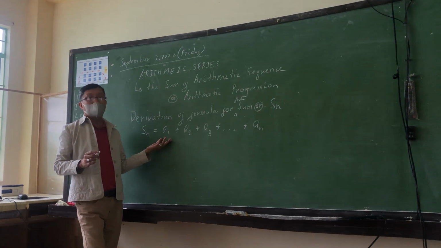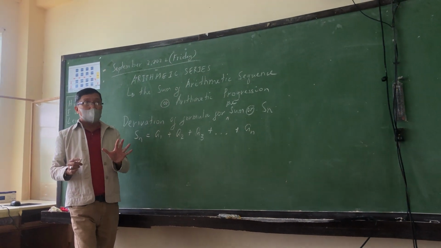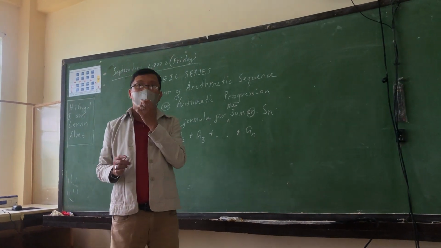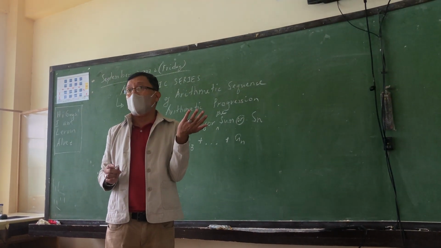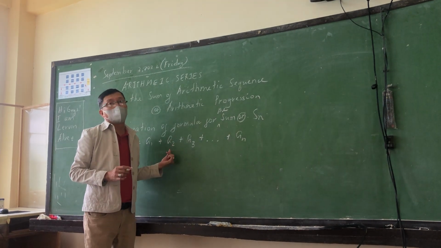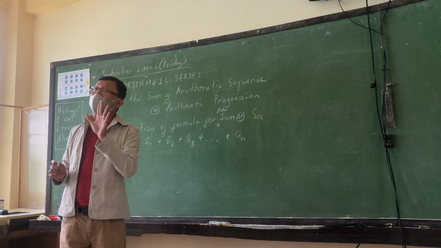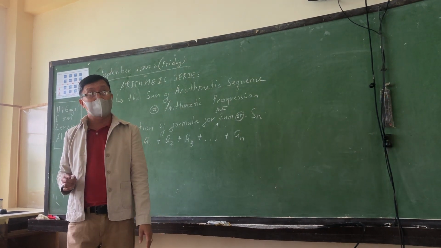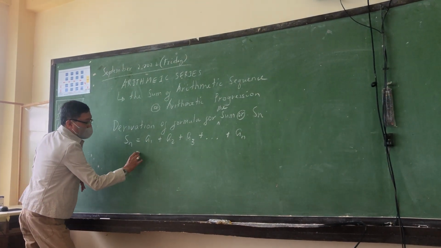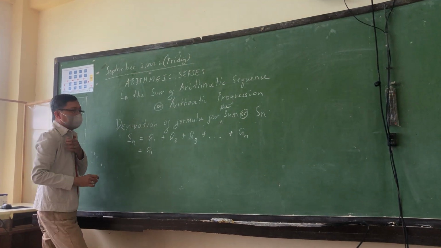Can you follow? Yes. Now, we have discussed in the previous classes that A sub 2, or the second term, can be represented in terms of the common difference. You will have A sub 1, which is the first term.